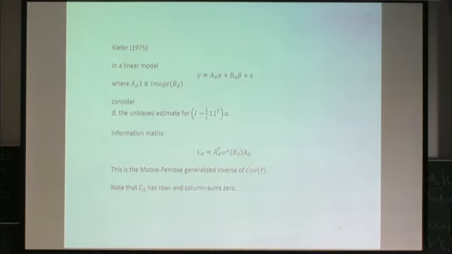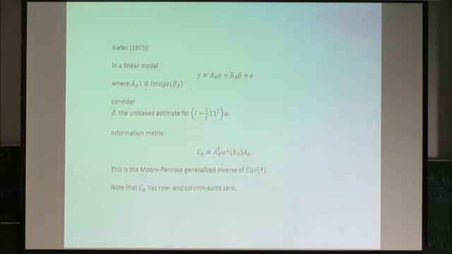we use Kiefer's result, Kiefer's '75. So if we have a partitioned linear model, and we want to estimate alpha, and we can't because A times 1 is in the image of this design matrix B, then instead of estimating alpha, we estimate the mean corrected alpha.